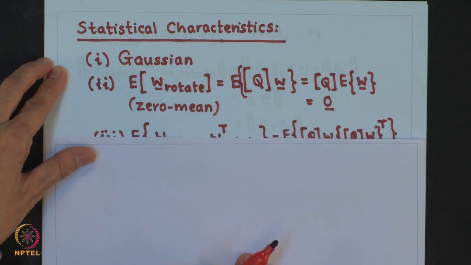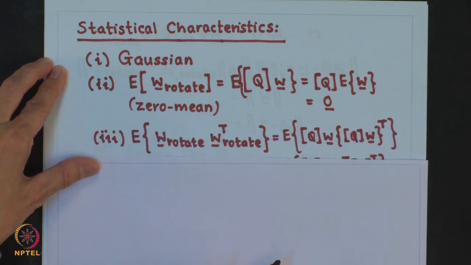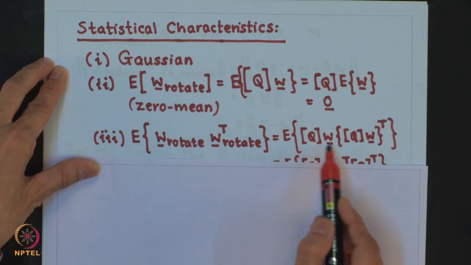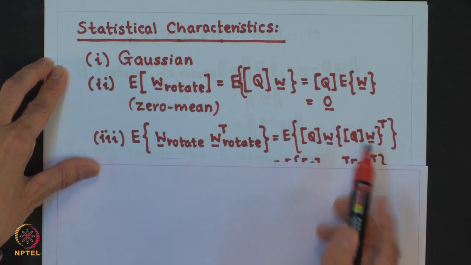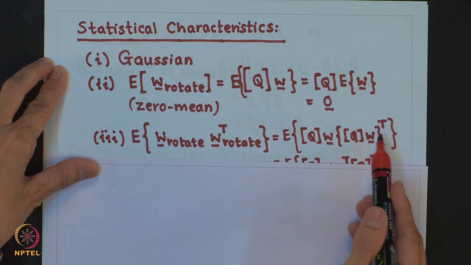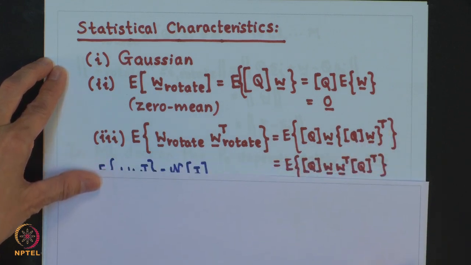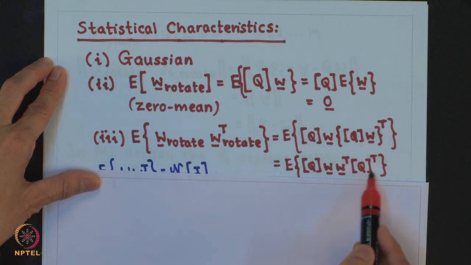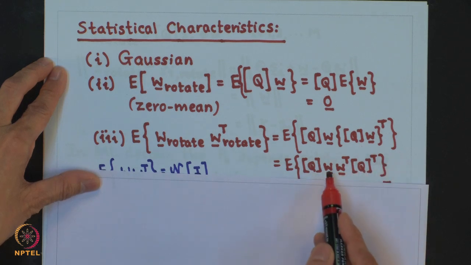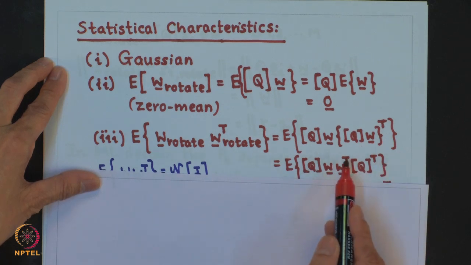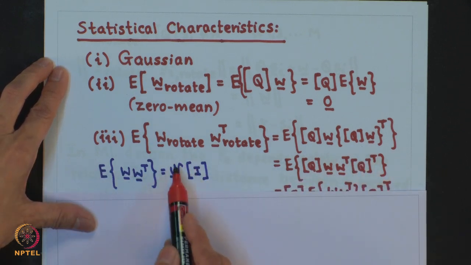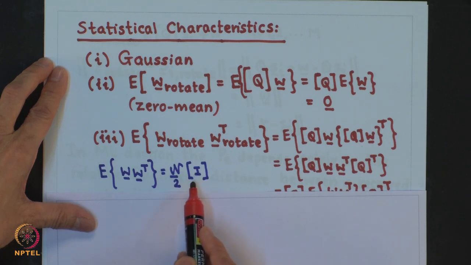Let us look at the covariance matrix of the rotated noise vector. I have this expectation that I am supposed to evaluate. This I can rewrite as this expression, easy to see that. I take the transpose. Once I take the transpose, I will be able to write this term out here as this term. Now, we know that W transpose is given as italic n by 2 multiplied by the identity matrix.